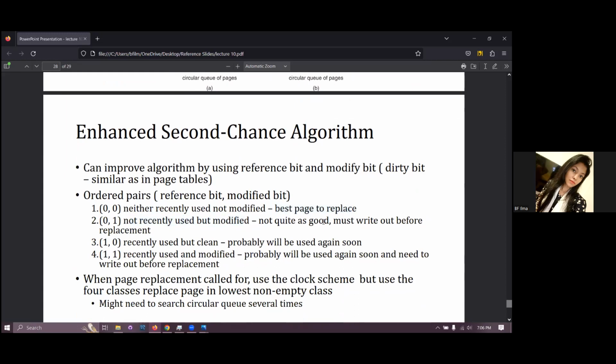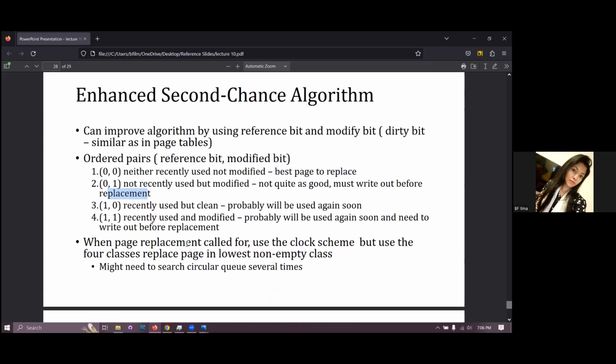It's not quite as good, because we have to write it out to the disk before replacing it. 1,0 means recently used but clean; however, since it is recently used, it may be used again. 1,1 is the worst page to replace because it was recently used and also modified. It will probably be used again, and if you replace it, you will also need to write it out.